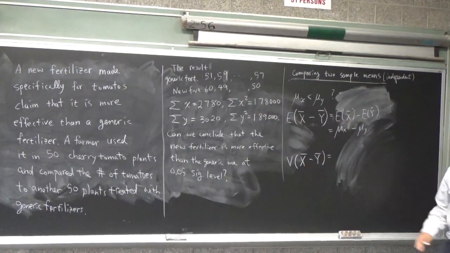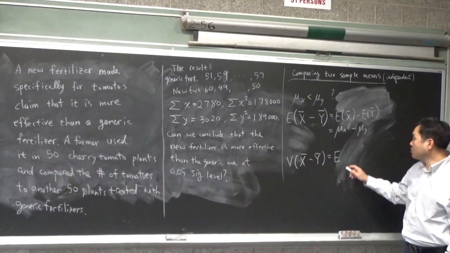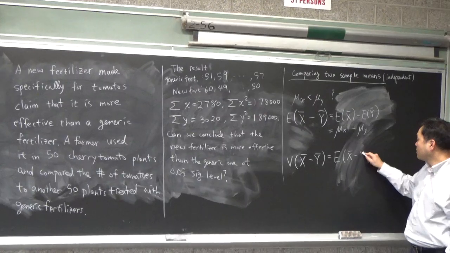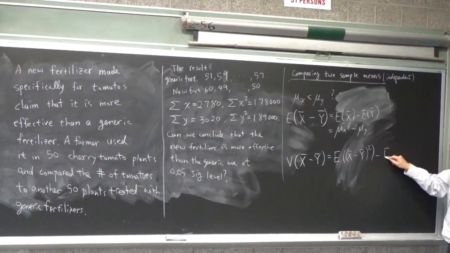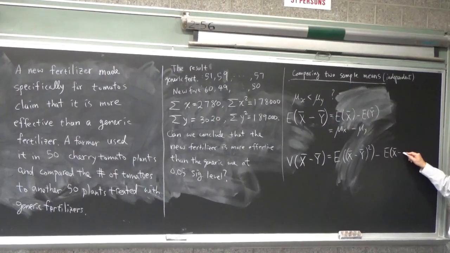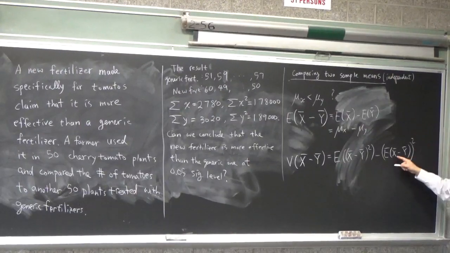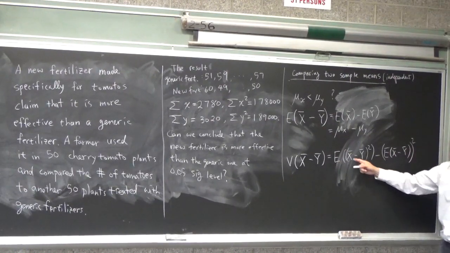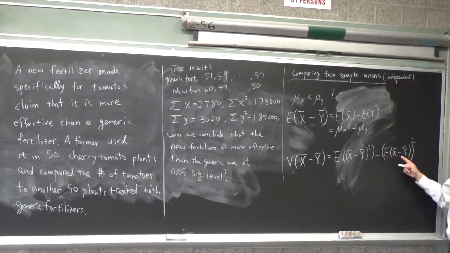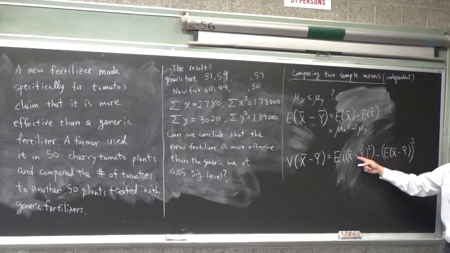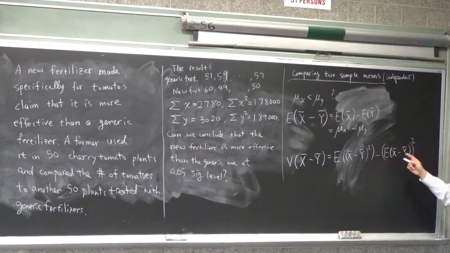For this one, we can use the formula that the variance of any random variable is the average of the square minus the square of the average. That gives you the variance.